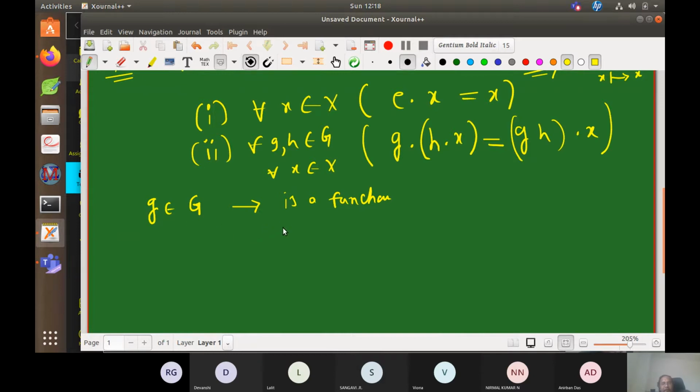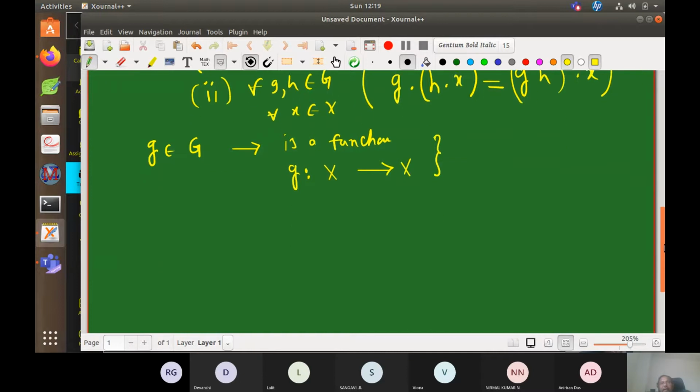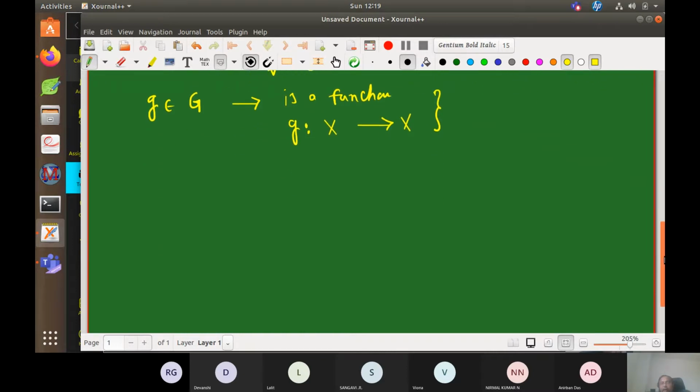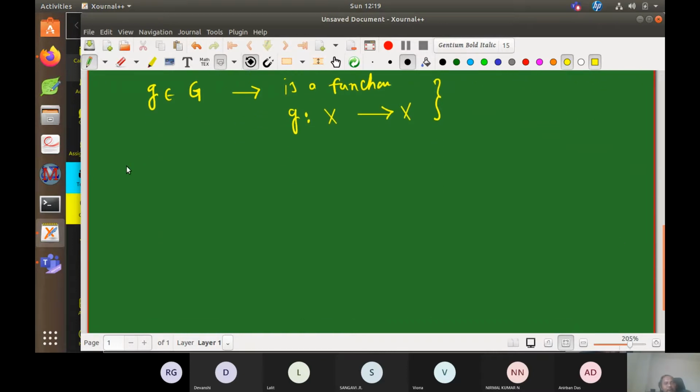We'll see these properties in a while after having some examples of group actions. So example one, first let us see. Any questions?